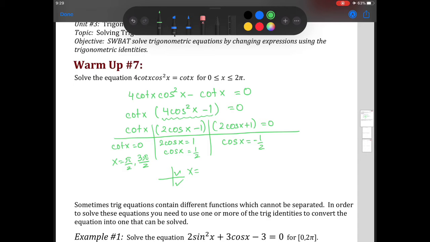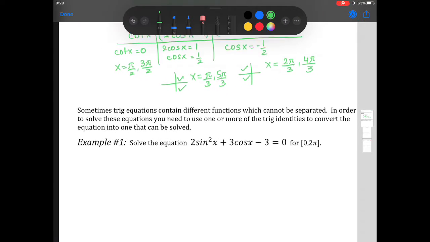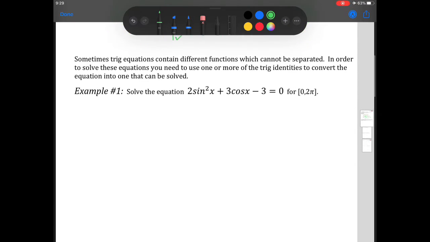So it is a half for pi over 3, and in the fourth quadrant, it will be 5 pi over 3. And when is cosine negative? Cosine is negative in these two quadrants, so it would be 2 pi over 3 and 4 pi over 3. So these are your 6 x values between 0 and 2 pi.